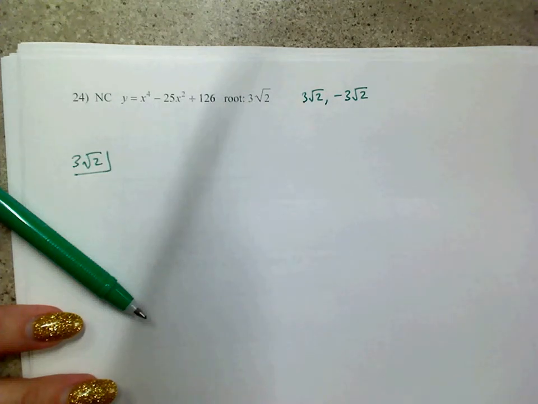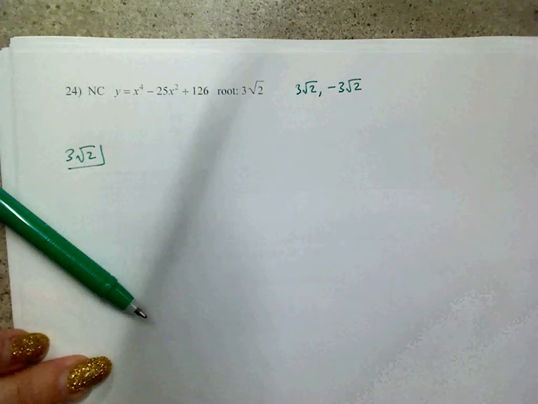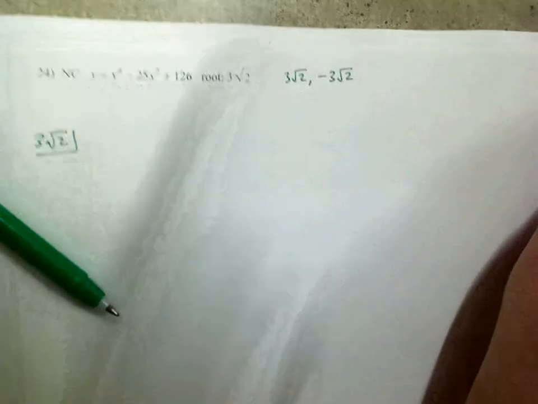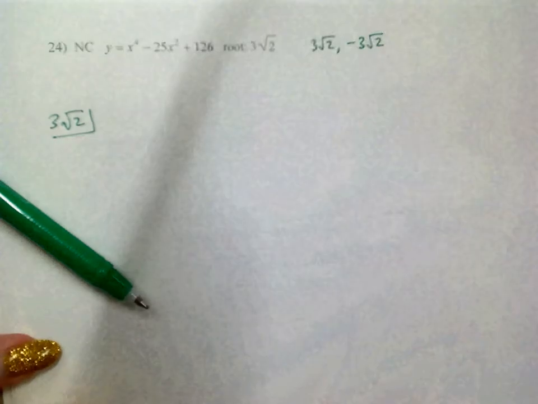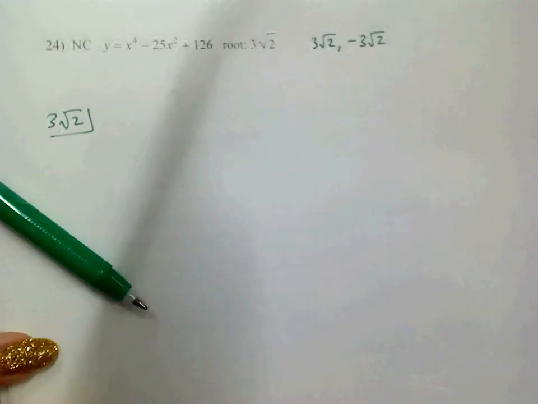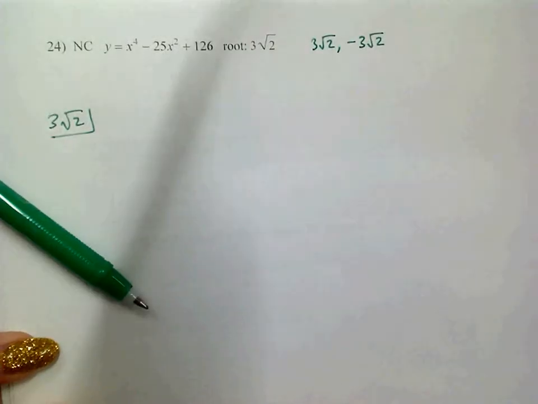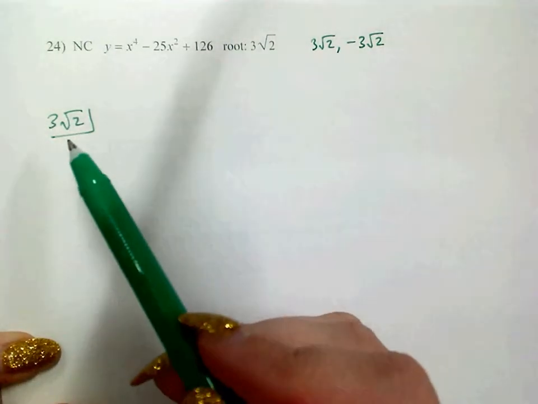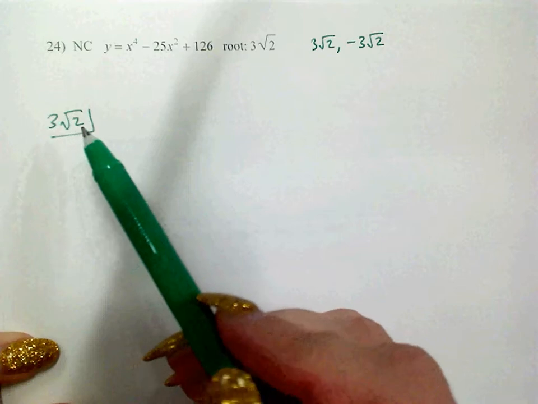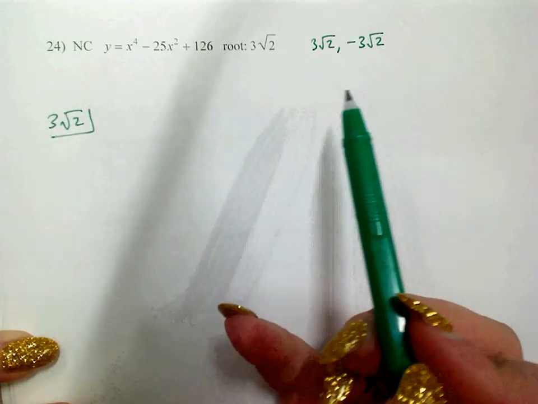Okay, I'm going to work number 24 if you would like to go along with me. It's non-calculator. I'm going to work it using synthetic division first, and then I'll talk about long division. So when you're going to divide out 3 root 2, what goes across the top right here, guys? The coefficients? What are the coefficients?